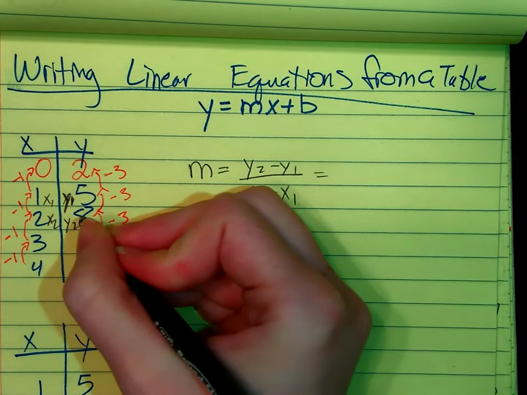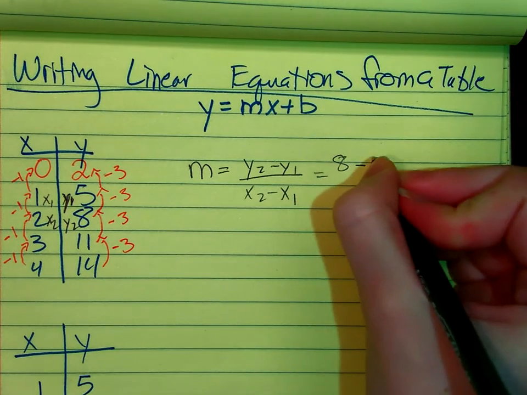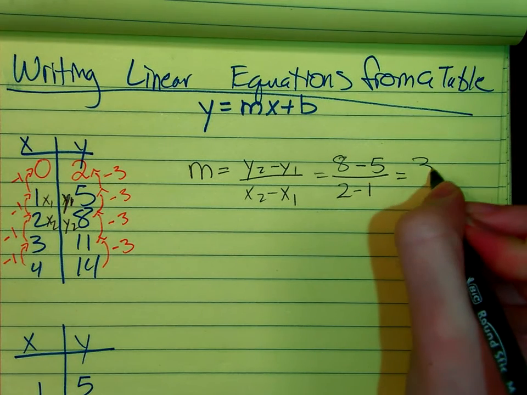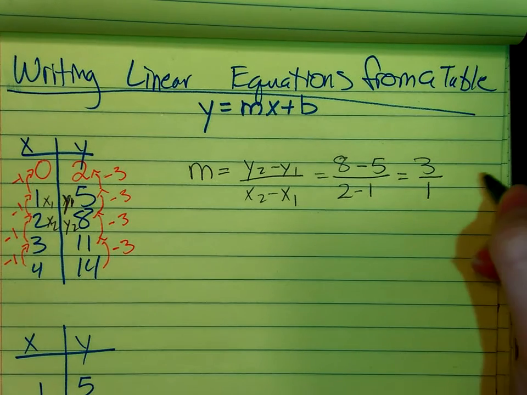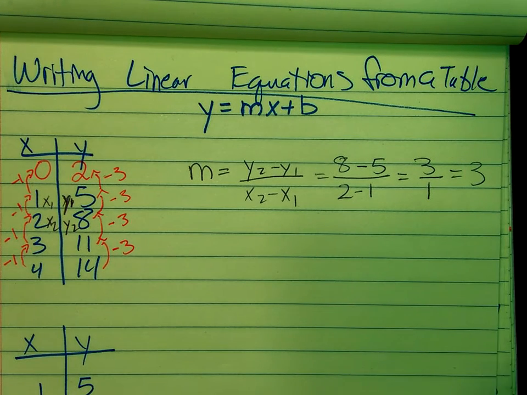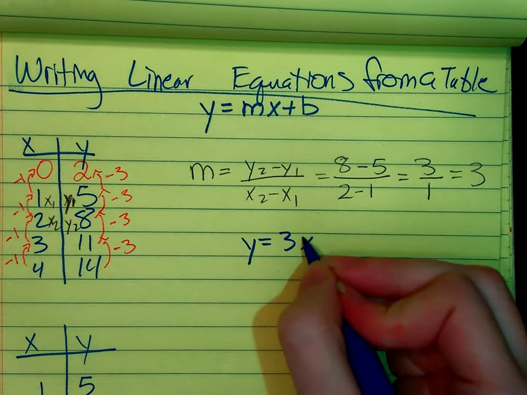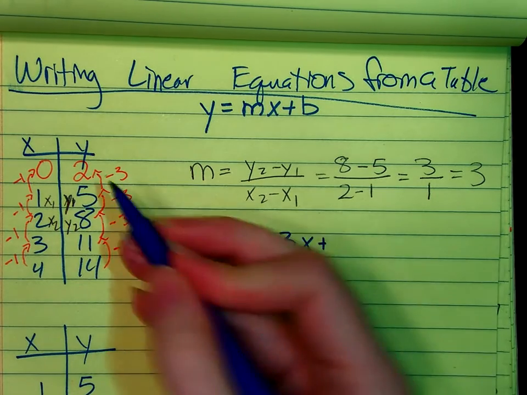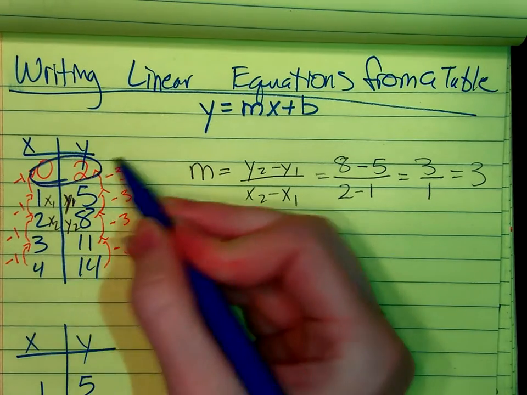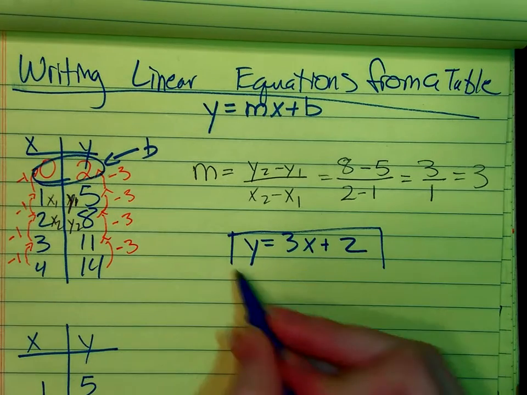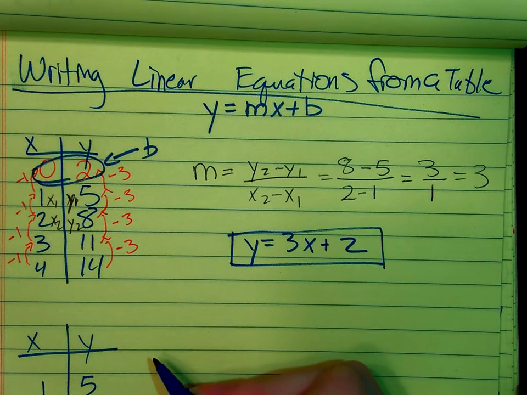So we'll go ahead and subtract the 8 minus 5 over 2 minus 1 gives me a slope of 3 over 1, aka 3. Just like usual, you will always need to simplify your slope. So I get that my final equation is y is 3x plus my y-intercept, that's my b, plus 2. So my final answer is y equals 3x plus 2.